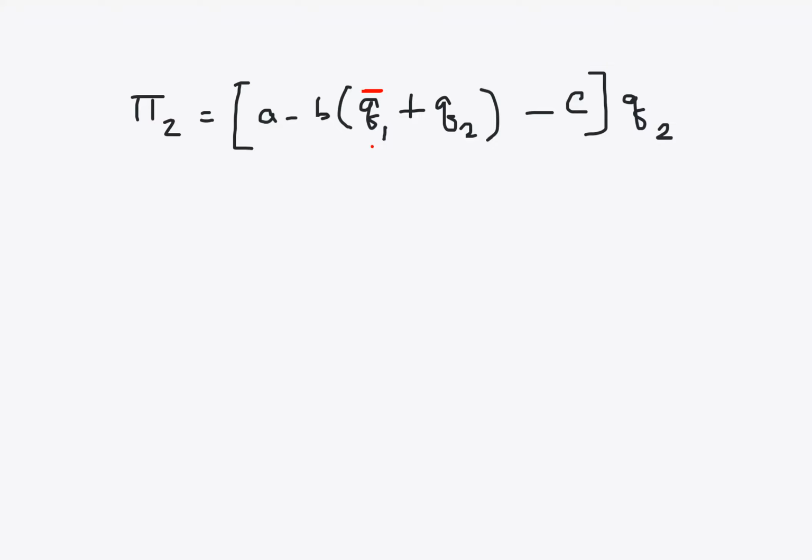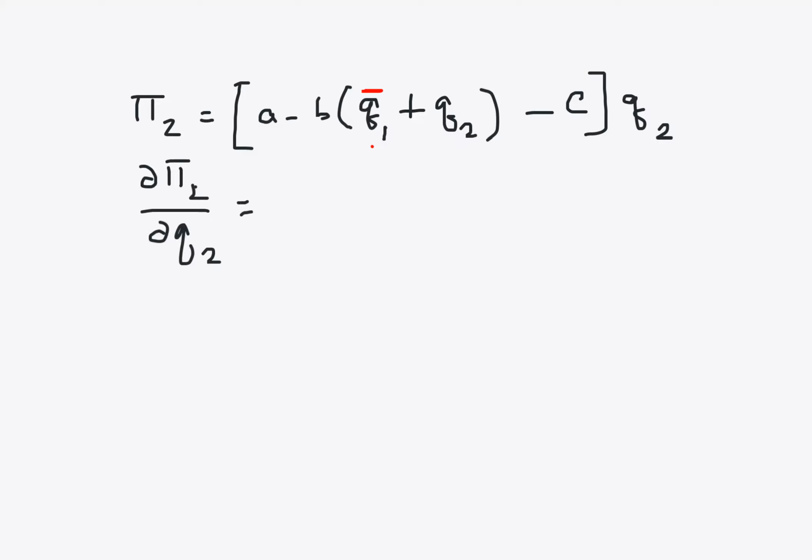So then we have a standard procedure here: take the partial derivative of the profit function of firm 2 with respect to firm 2's output Q2.